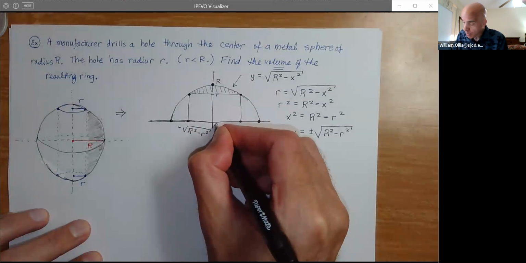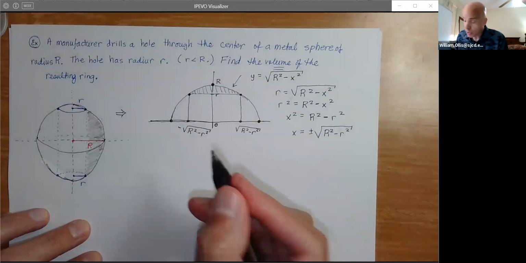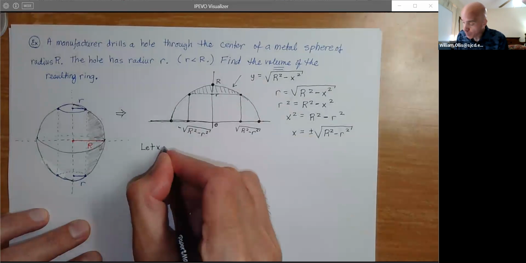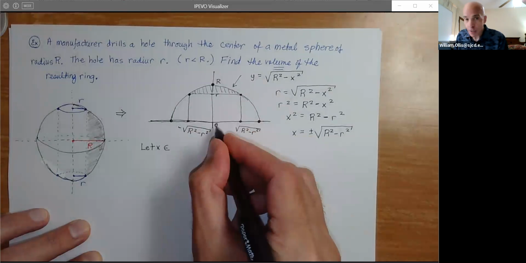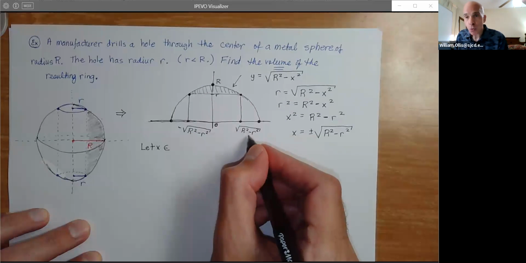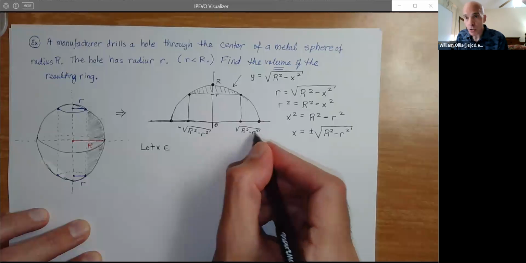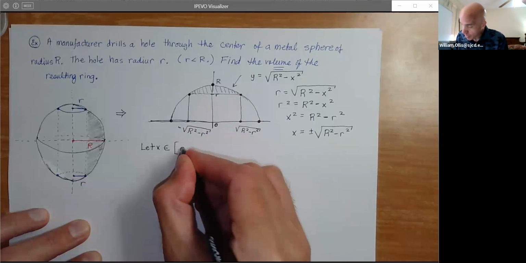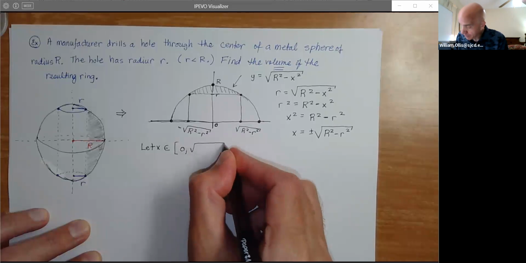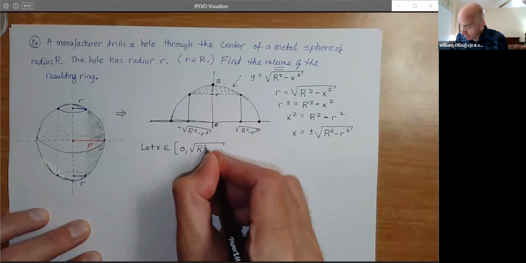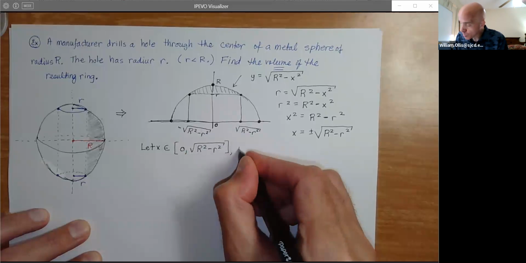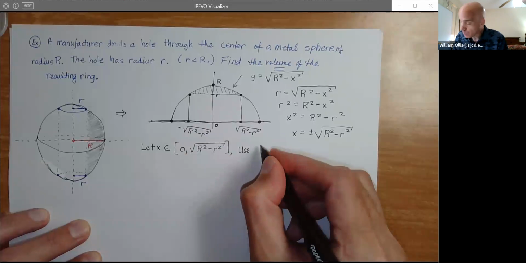And we've got a 0 there. So what we're going to do is let x, just like we did for the sphere, live between 0 and the square root of uppercase R squared minus lowercase r squared. Kind of hard to say, but that's what we've written. And then we will use symmetry. So we'll need a factor of 2.